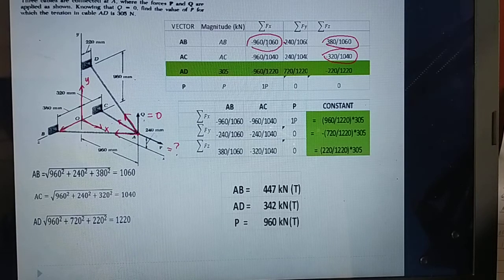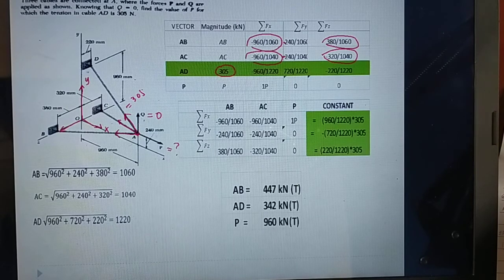And for the x-axis, from point A to point C, the projection of x is negative 960 over 1040. And for y, we have the same, you have to go down, so this is negative 240. And for AD, which has the magnitude of 305, I put it here. So negative 960 again, going to the left for x.